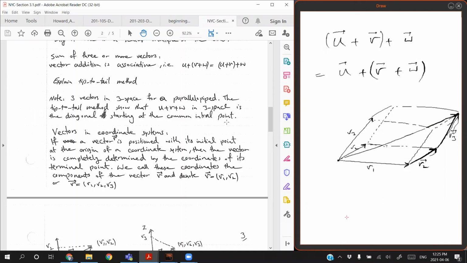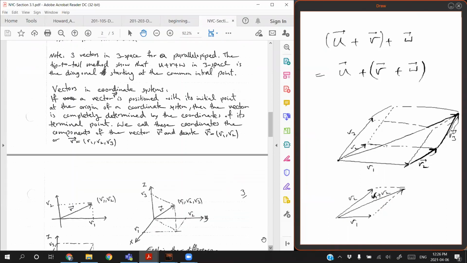With two vectors, it's the same thing. It's going to be the diagonal. If you have two vectors, let's say v1 and v2, and you're using the parallelogram technique, the sum is going to be the diagonal. That's v1 plus v2. So a generalization of that into three space is this shape here, which is called the parallelepiped. And the sum of v1, v2, v3 is going to be the diagonal. Okay. Any questions?